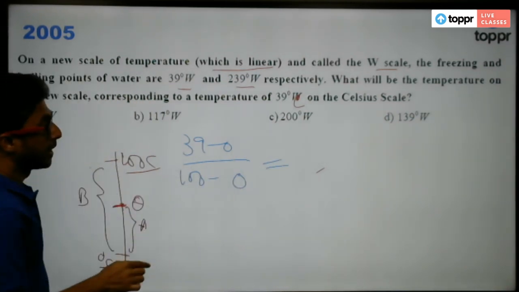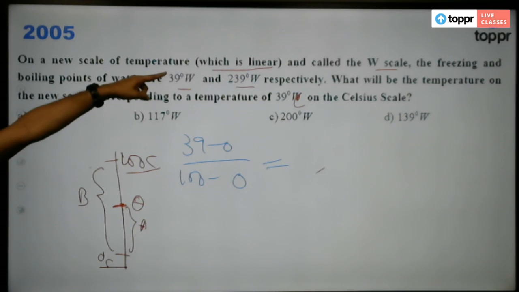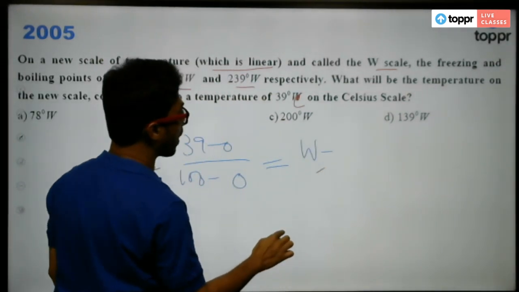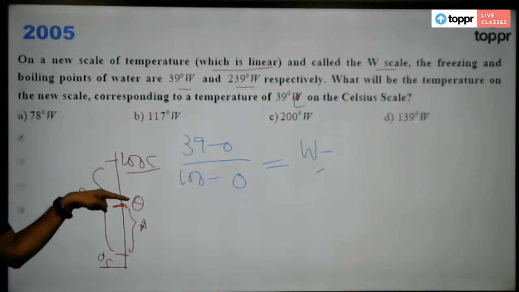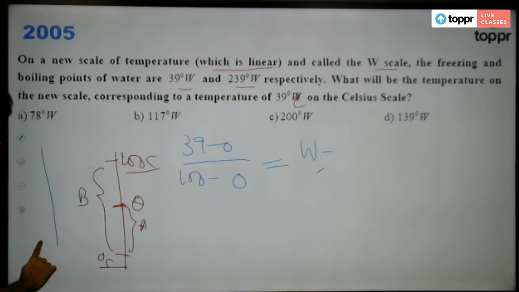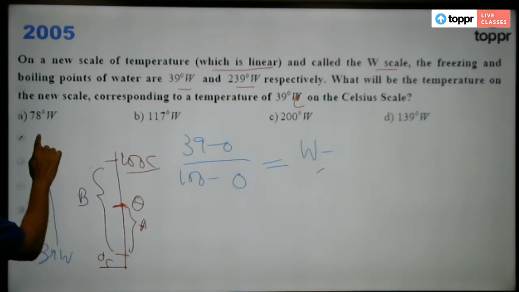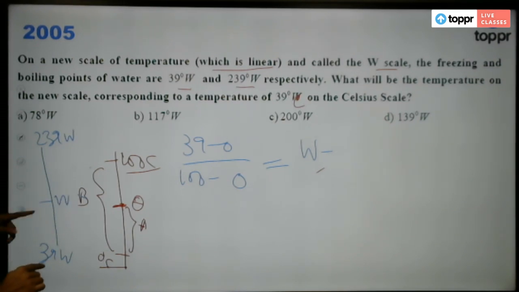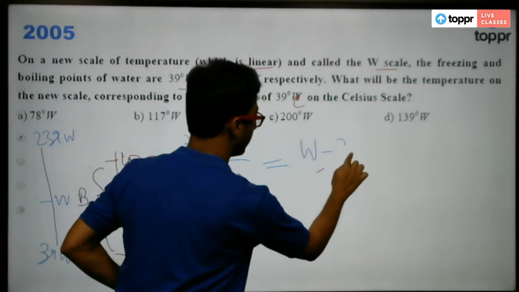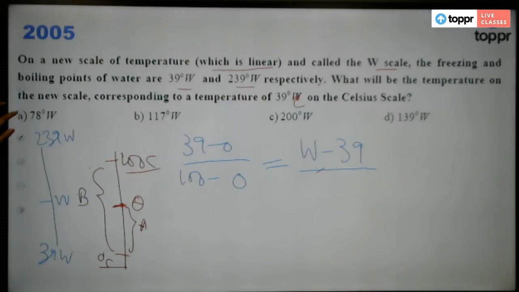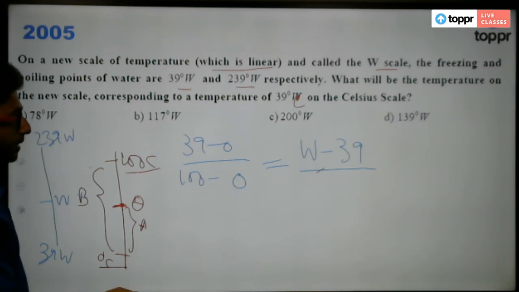Here, if you have to find the temperature, suppose the temperature is W in the W scale. W minus 39, since the freezing point is 39 W and the boiling point is 239 W. So W minus 39 divided by 239 minus 39.